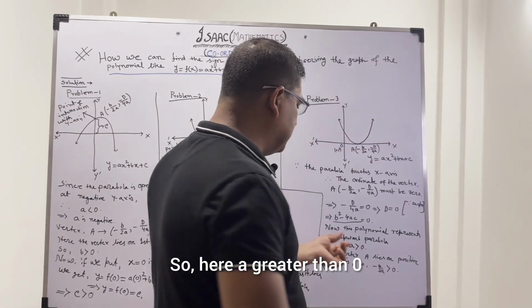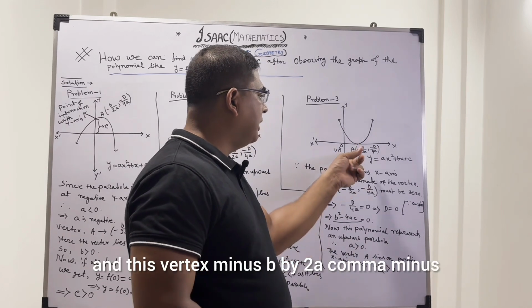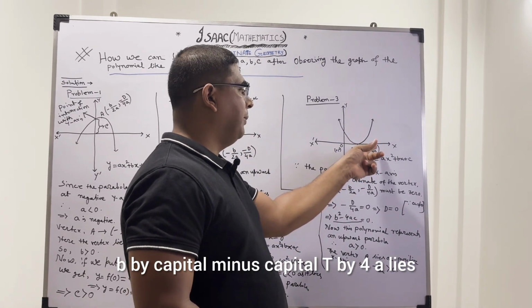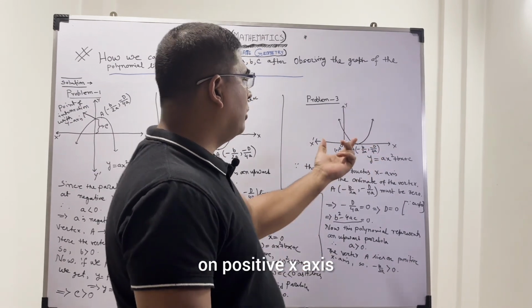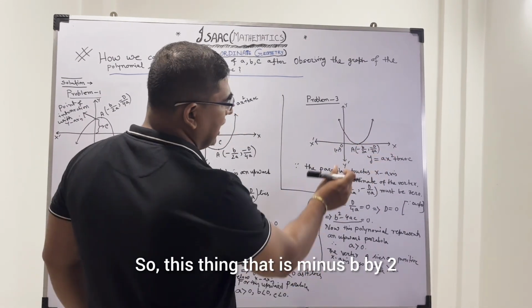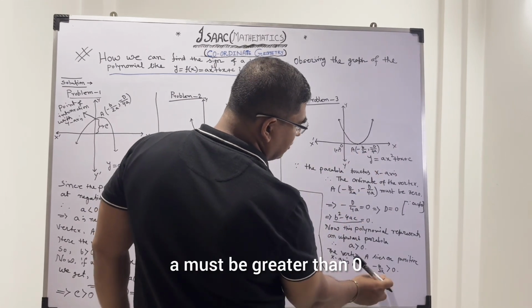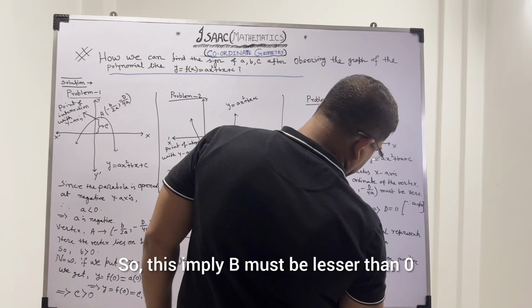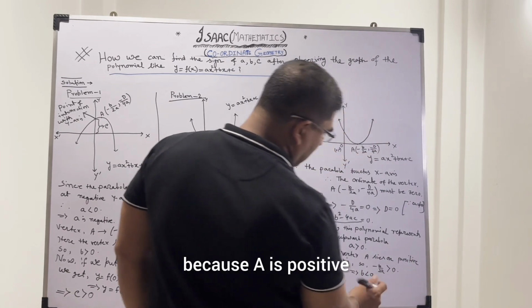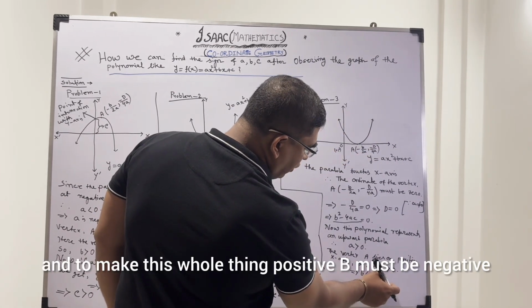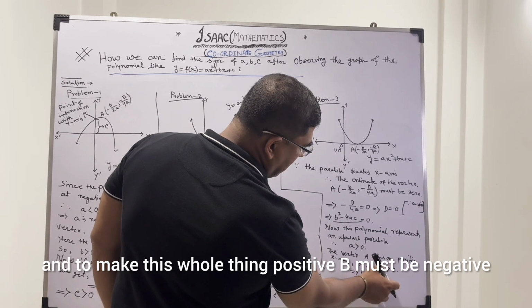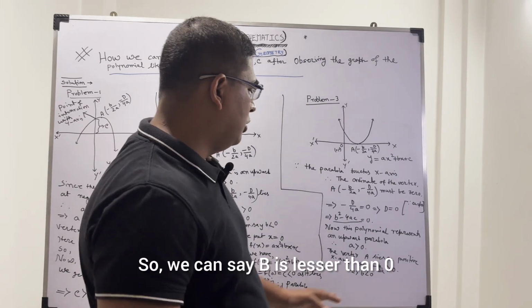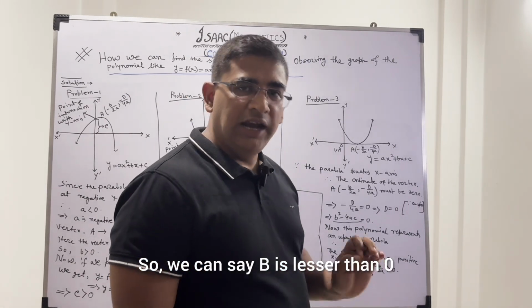Here a is greater than 0 and this vertex, minus b by 2a comma minus capital D by 4a, lies on the positive x-axis. So this thing, that is minus b by 2a, must be greater than 0. This implies b must be lesser than 0, because a is positive, and to make this whole thing positive, b must be negative. So we can say b is lesser than 0.